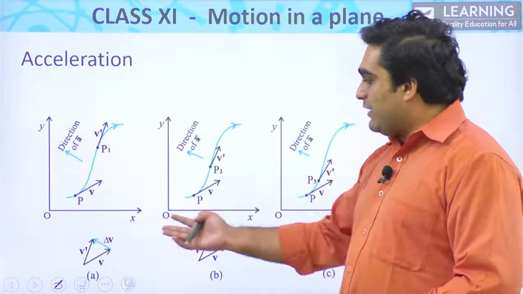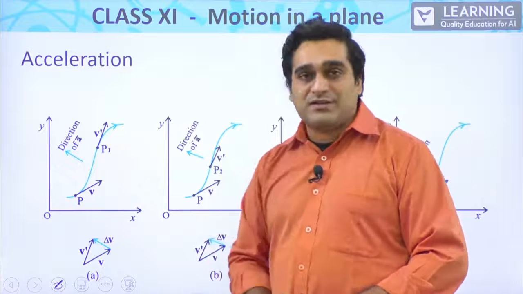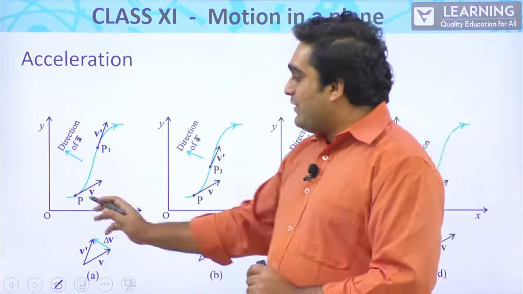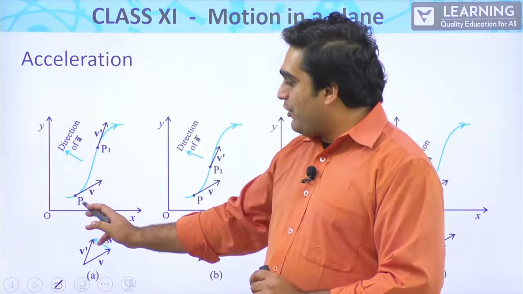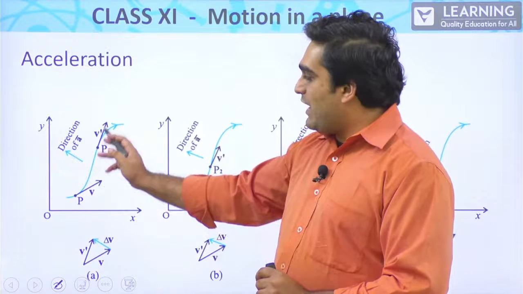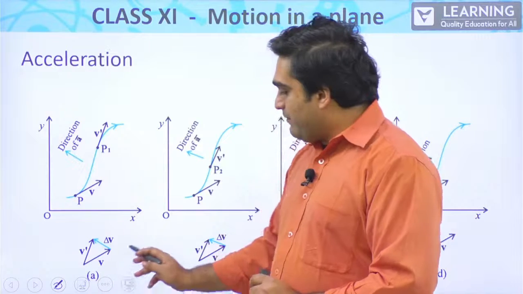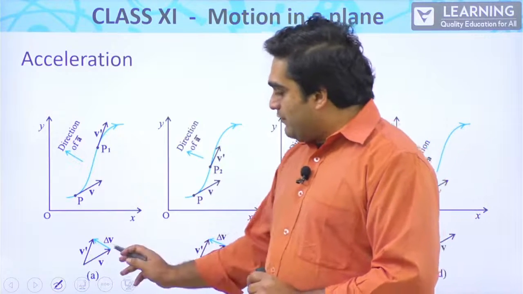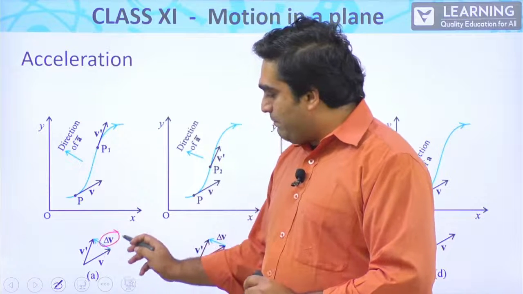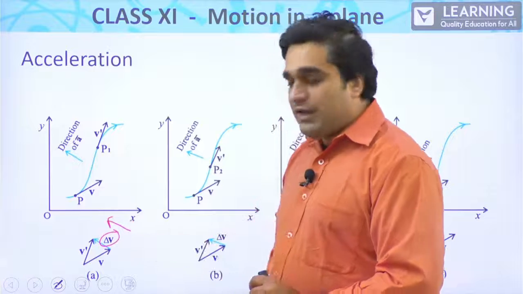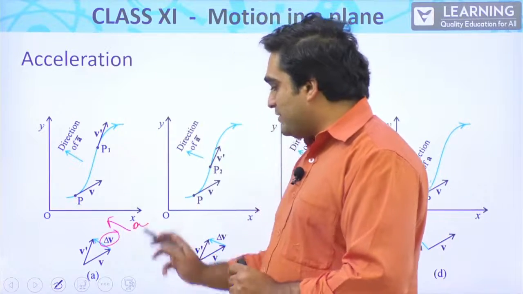And here are a couple of diagrams where the direction of the acceleration is identified. So here you have the instantaneous velocity at point P, and the instantaneous velocity at point P prime. The two are put together. The difference between the two, the path delta V pointing this way, will be the same direction as acceleration.